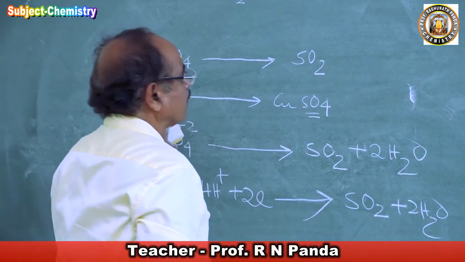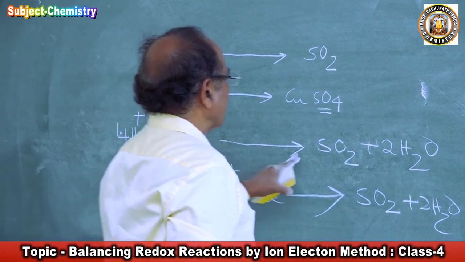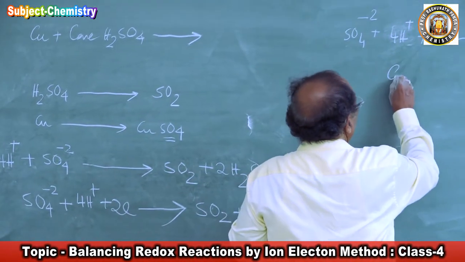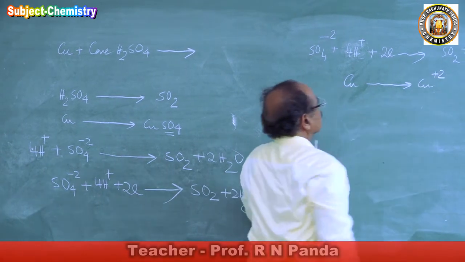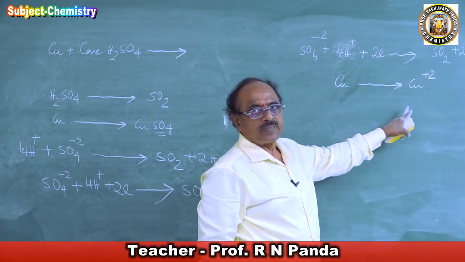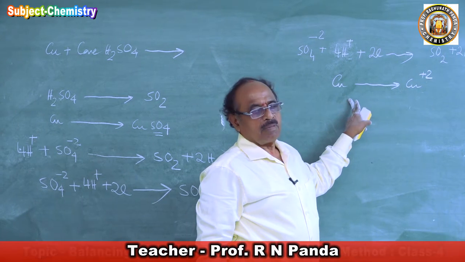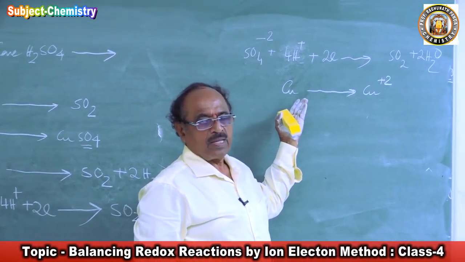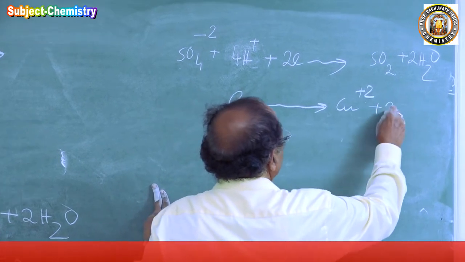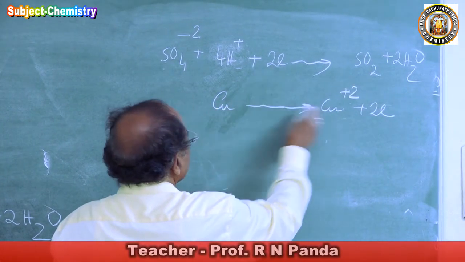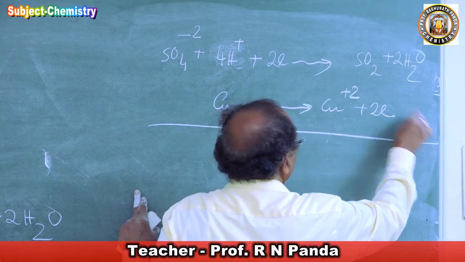Now we'll come to copper. Copper is becoming copper plus 2. The atoms are identical, only the charge differs: 2 positive, 0. So add 2 electrons. Here are 2 electrons, and there are 2 electrons, so they will cancel out.